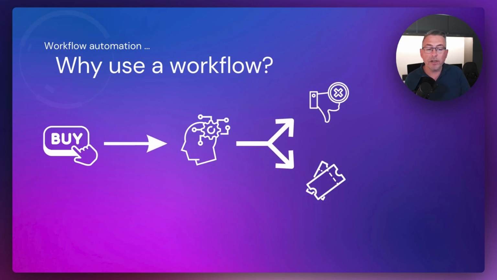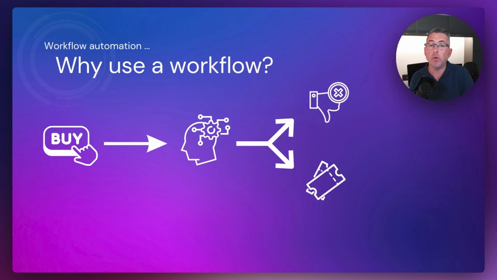One little final example is, say, on your application somebody hits a buy button, and you need to make some logical checks. You need to make sure that that user can actually buy these particular tokens, or they might be able to buy a certificate or an e-ticket or something like that. Of course, you need to make some kind of decision whether they can actually do that or not. So you can then branch out.